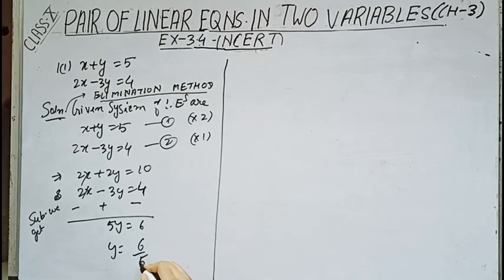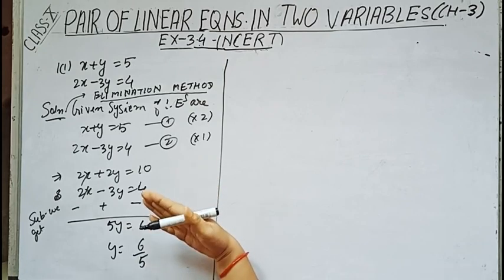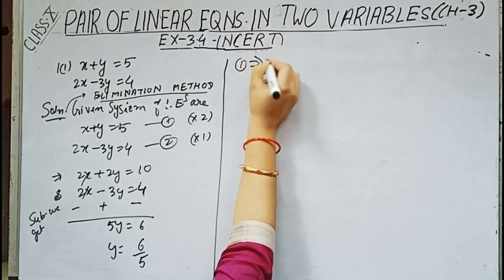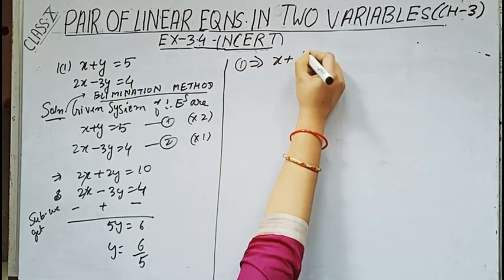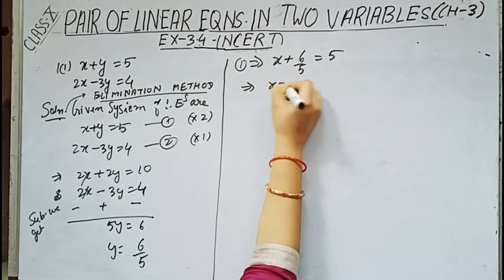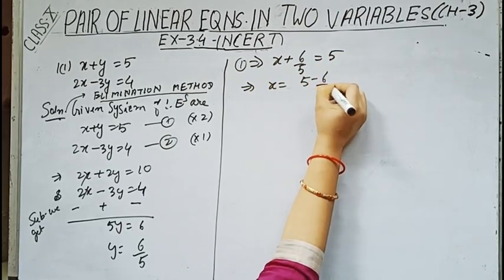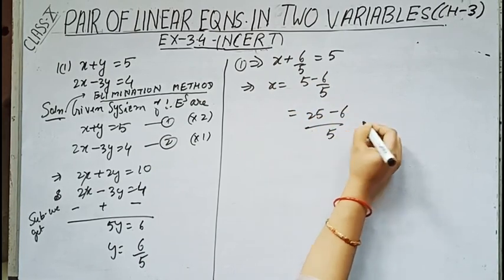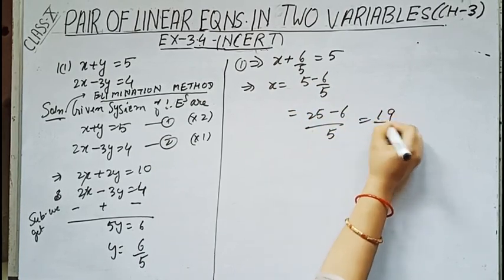Now let us put the value of y in either of the equations 1 and 2. Equation 1 is looking simpler, so we will write equation 1 implies x plus 6 by 5 equals 5. This implies x equals 5 minus 6 by 5 equals 25 minus 6 by 5 equals 19 by 5.